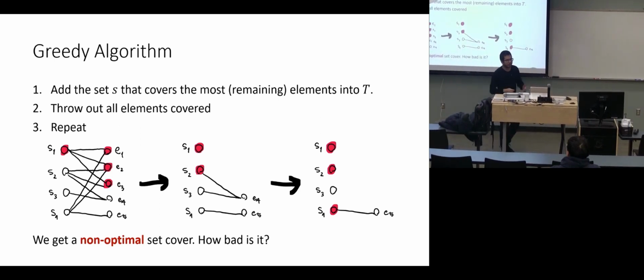But this algorithm gives you a collection of size 3. But you want to know how bad it is. Okay. Now I claim that it's not too bad.